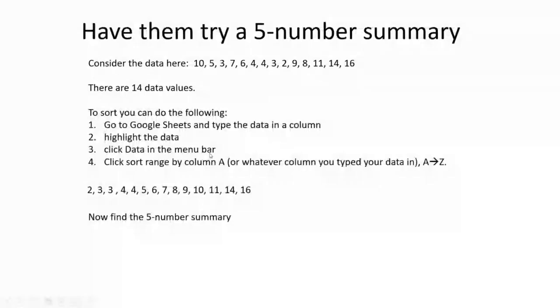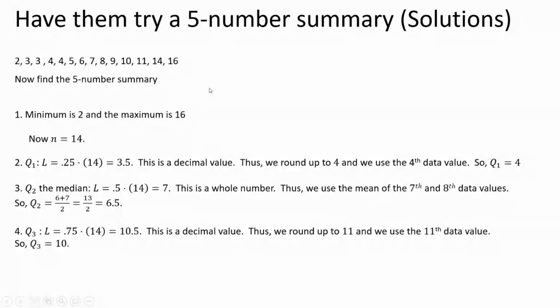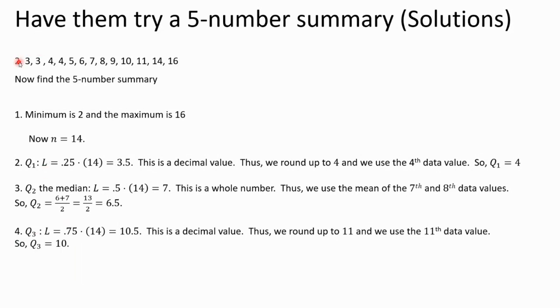Now we're going to find the 5-number summary. The min and max you can easily get now, mostly because the data is sorted. The minimum is 2. The maximum is 16. Notice also that our n is 14. That's how many data values there are.